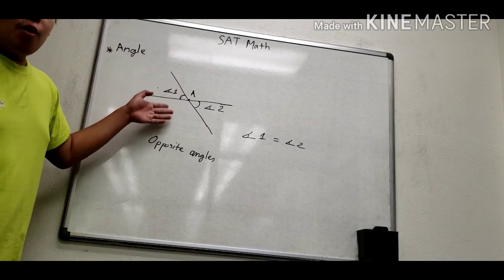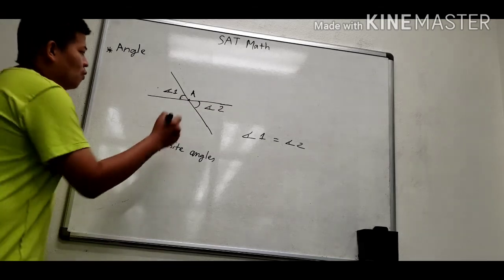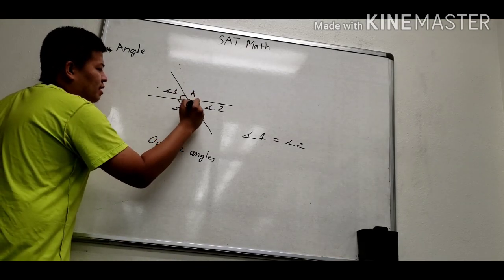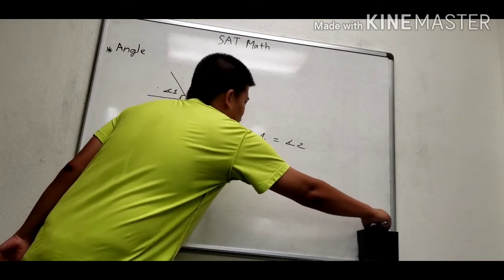To explain why angle number 1 equals angle number 2, we use this angle here, angle number 3. I will show you why.